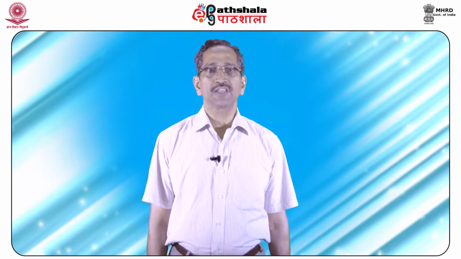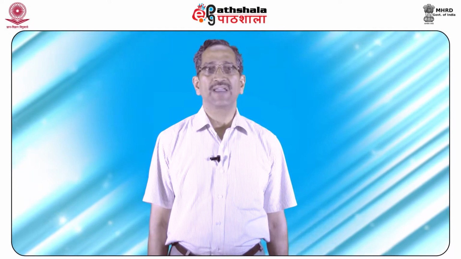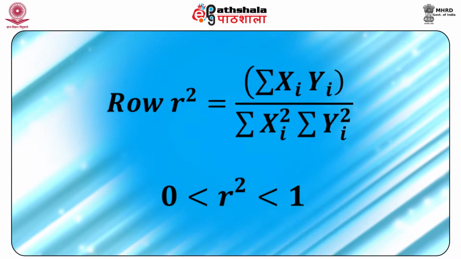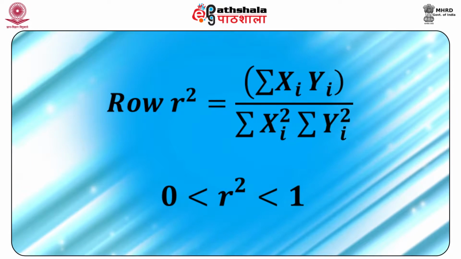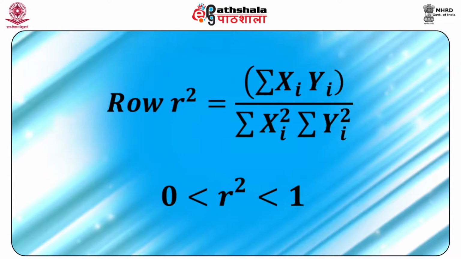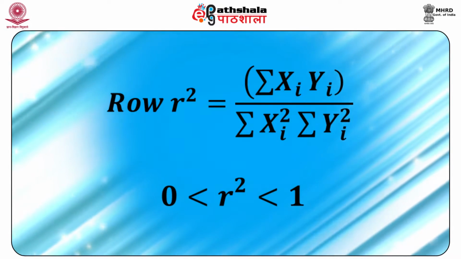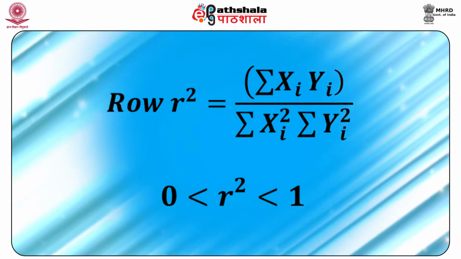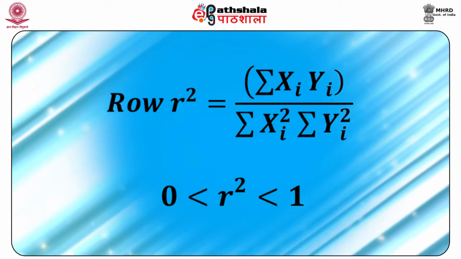Now once we have understood this, let us now look at the R square for the regression model through origin. How do we define R square? Now for a regression model without intercept, the coefficient of determination can be defined as raw R square is equal to sigma xi yi whole square upon sigma xi square into sigma yi square.